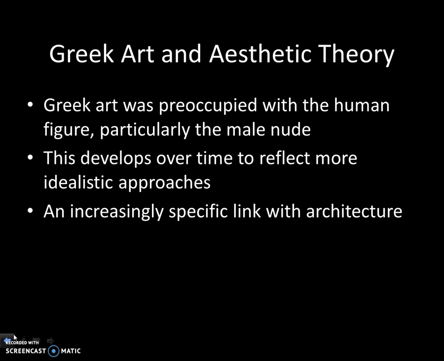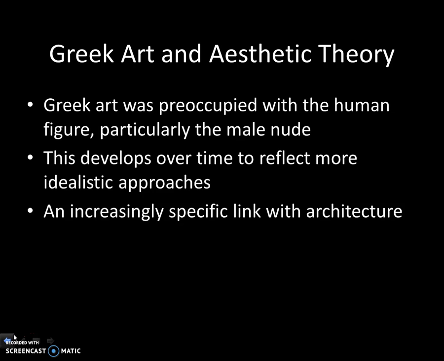If we think about Greek art and aesthetic theory, there's little question when we study the record of the Greek visual arts that the human figure, and particularly the male nude, is a preoccupation of Greek art history. This develops over time, certainly initially influenced going back to the Archaic period, so in essence the 7th century BCE.